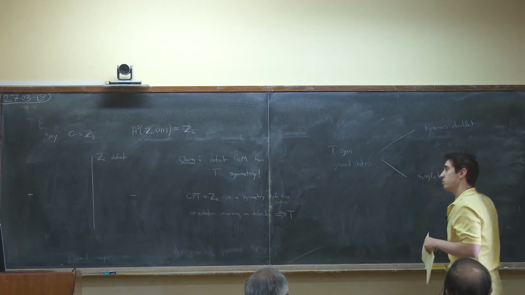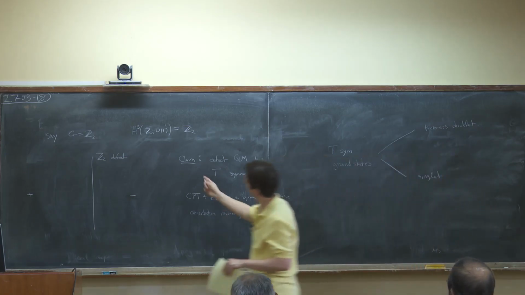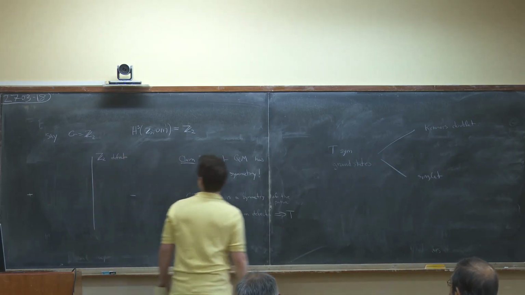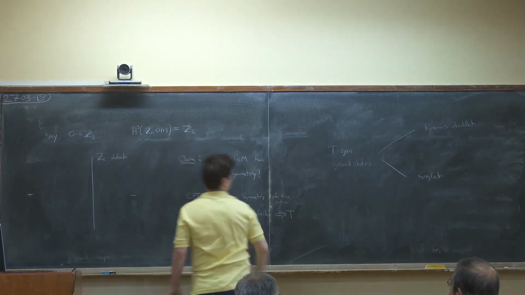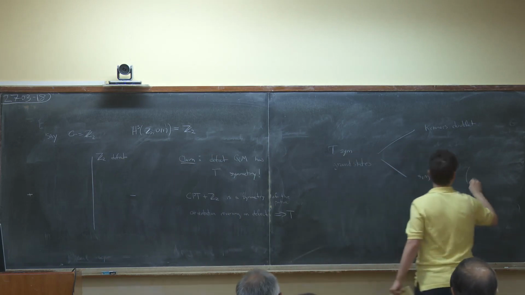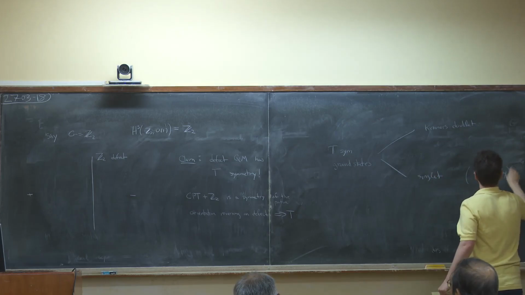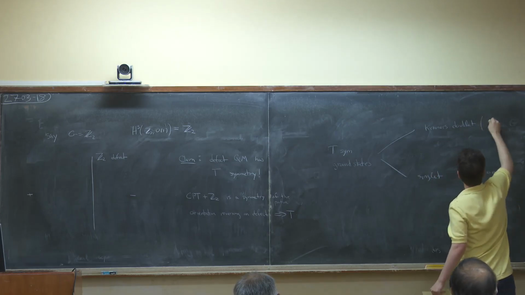Okay, so the meaning of this anomaly, and again, there's some math to chase through to check that this is right, but when this anomaly is off, you're in this case. When it's on, you're in this case.